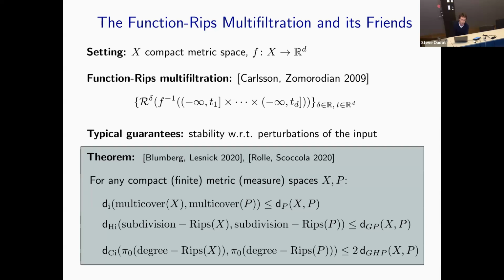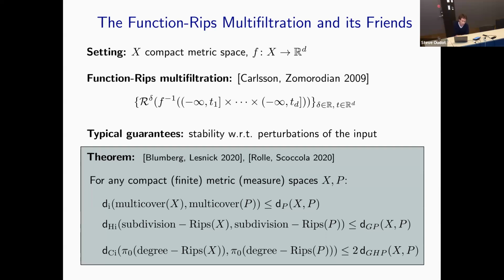So the main question that people were asking about these multifiltrations, besides how we can compute them and how we could compute their persistent homology, but beside this computational aspect, was their stability. What I mean by this is that if I perturb my space, or if I perturb my function, I'm going to get another multifiltration, and is it possible to relate the two multifiltrations?